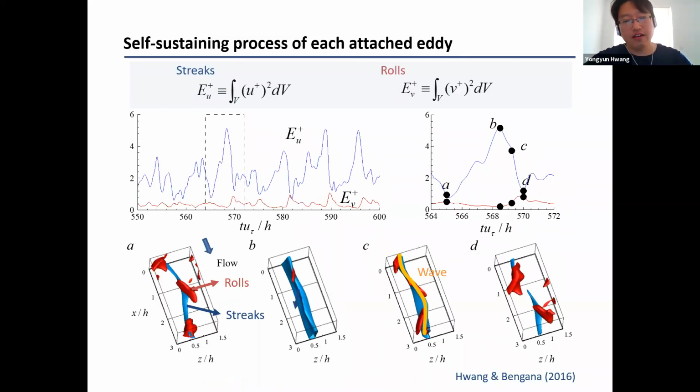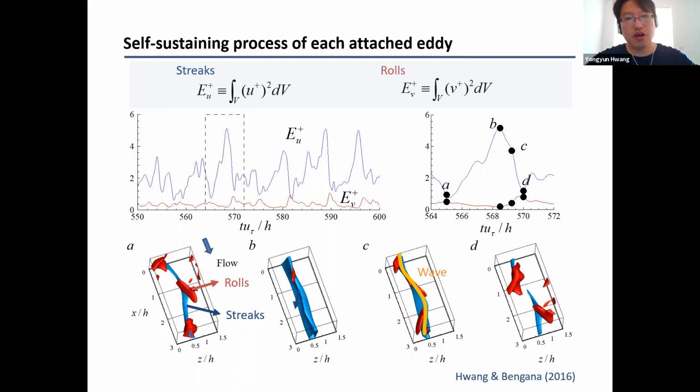So over the past 10 years, myself and my research group spent lots of time and effort to understand the dynamics of each attached eddy. And what we have found is this. We had a nice numerical experiment in which we can isolate the eddies at a single length scale using overdamped large eddy simulations.